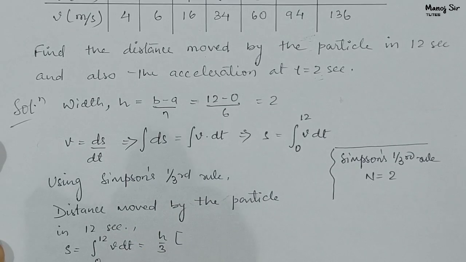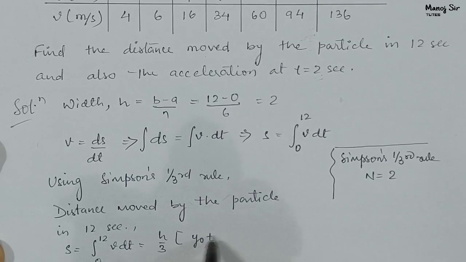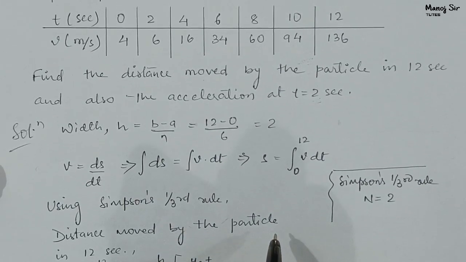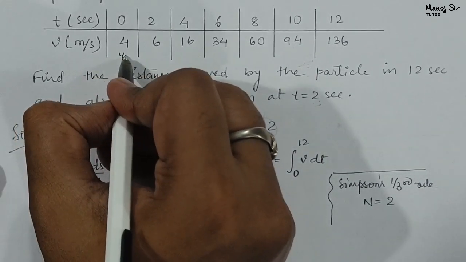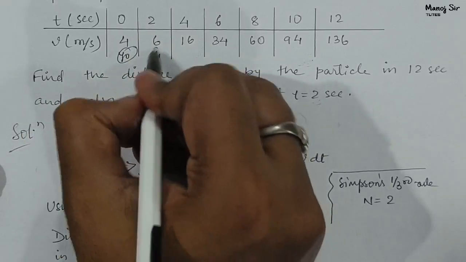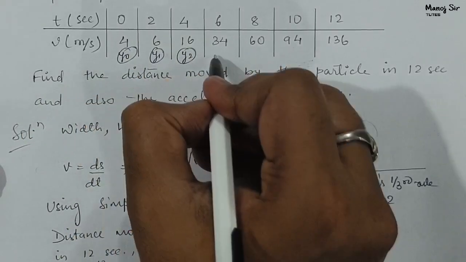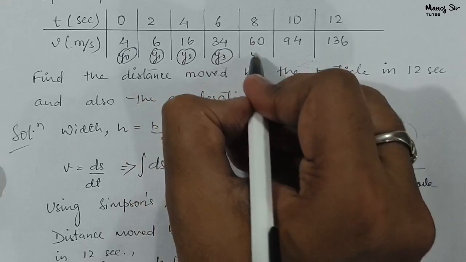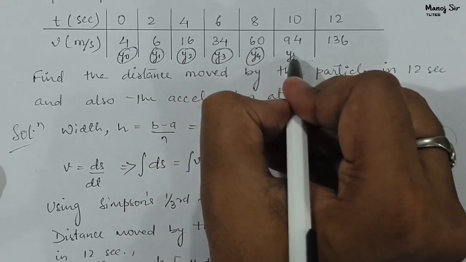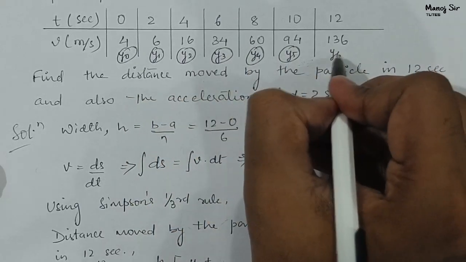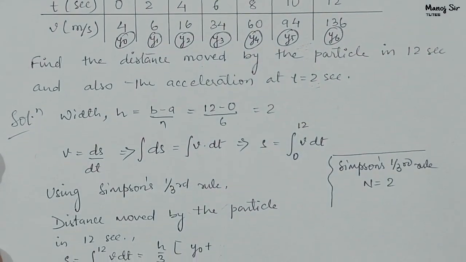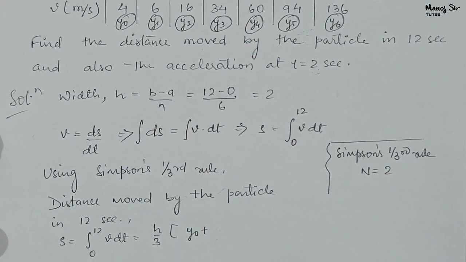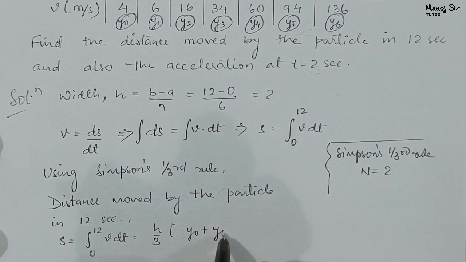3 bracket open y naught plus. Okay, here again we need to see this is the value of y naught, this is y1, this is y2, y3, y4, y5, y6. So we are taking the extreme values here first, that is y naught plus y6.